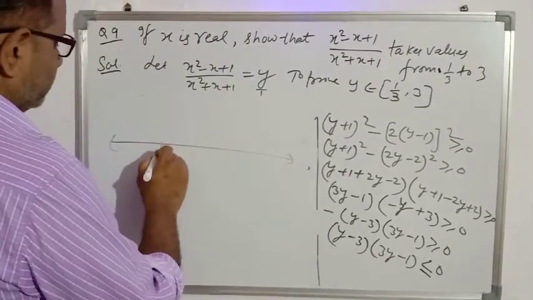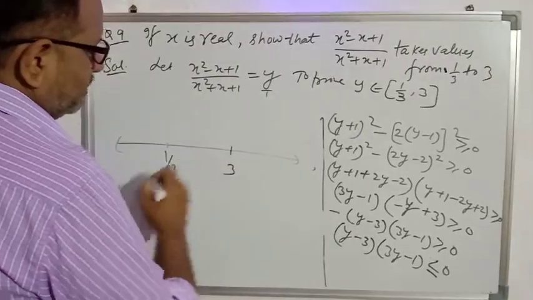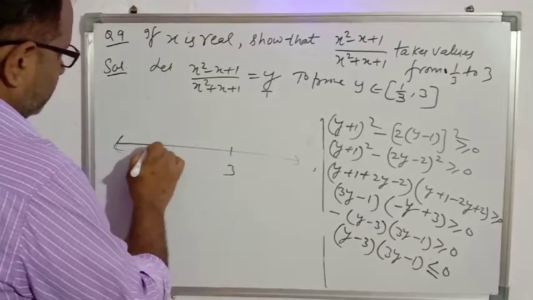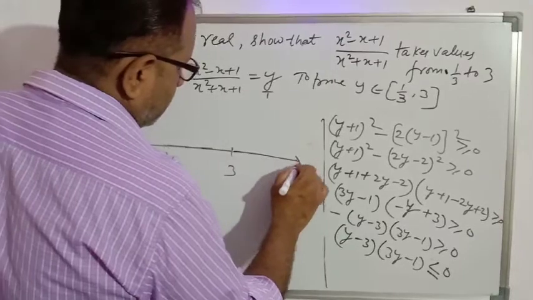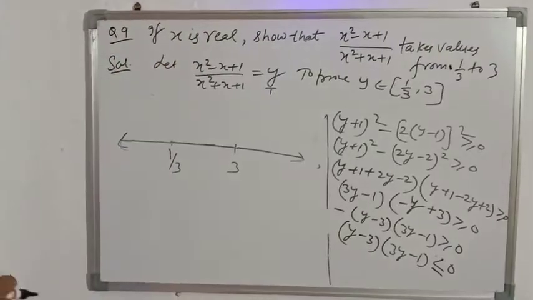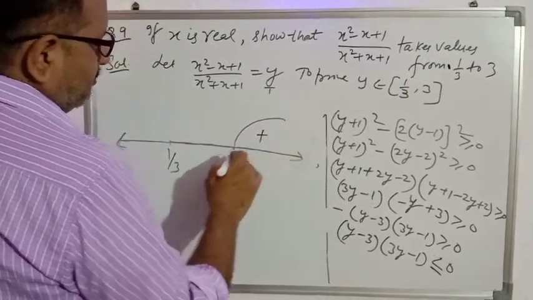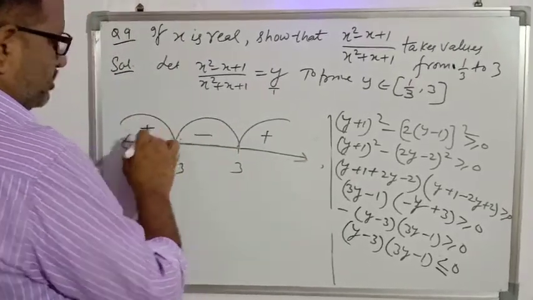So 1 by 3 is the smaller number, take it on the left side, and 3 is the greater number, so we have to write it on the right side. By method of intervals, it will be positive, negative, positive.